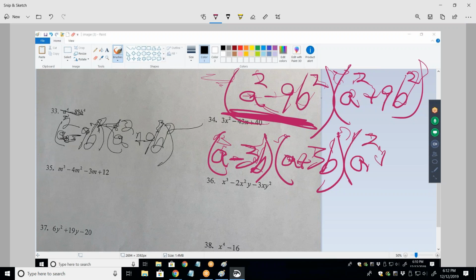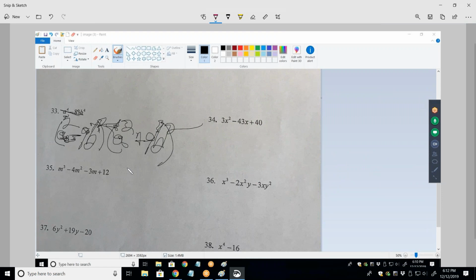Because I cannot break down the sum of perfect squares. That just stays like it is. In other words, we can factor this down to three things only. Okay? Yeah. All right. So sometimes you have to see things and realize that that looks like the difference of perfect fourths, but I can treat it as the difference of perfect squares.